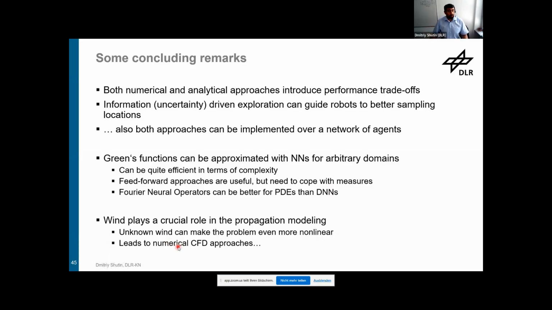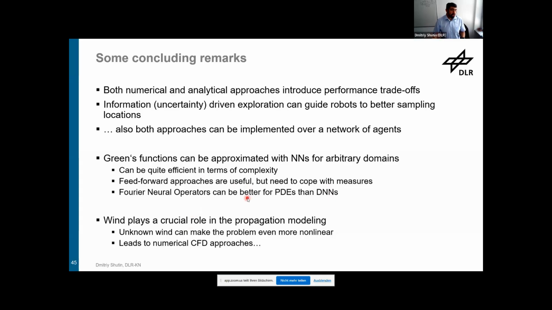So you need to approximate the solutions effectively, and neural networks can be quite effective in doing that. We are currently looking at physics-inspired neural networks to approximate Green's functions for general domains, but also the so-called Fourier neural operators that are particularly well suited for partial differential equations to do these approximations.